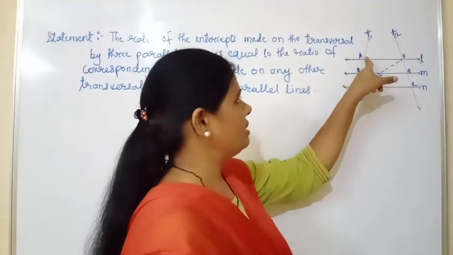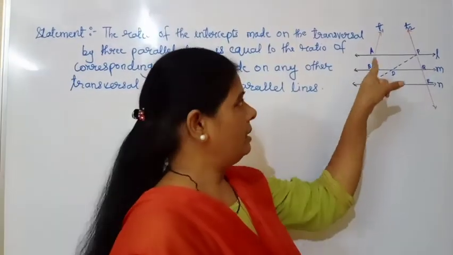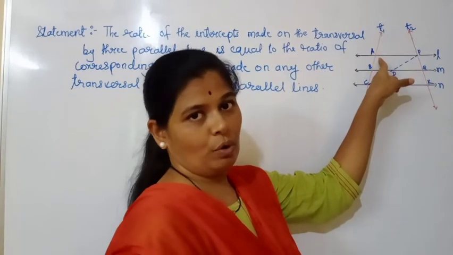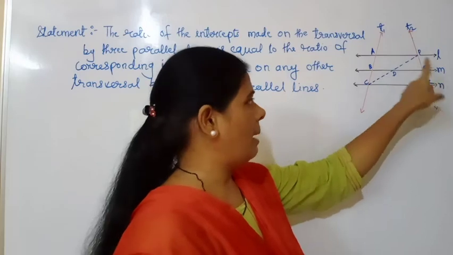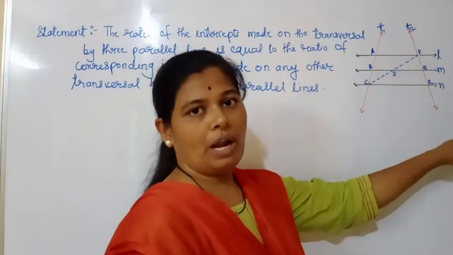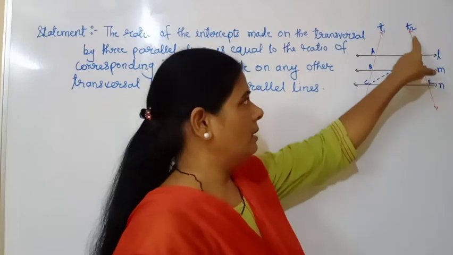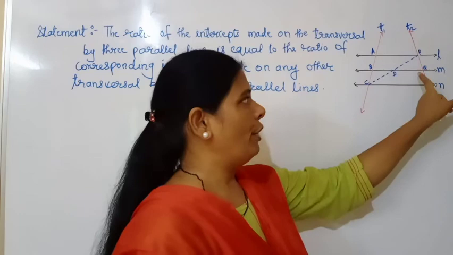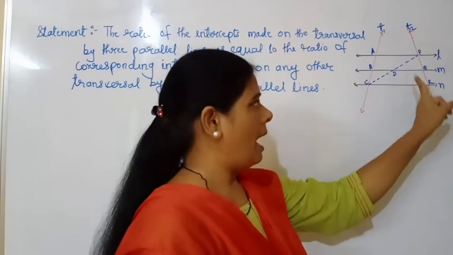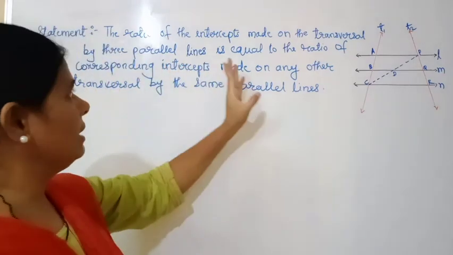The transversal T1 intercepts at point A on line L, at point B on line M, and at point C on line N. Similarly, when T2 is the transversal, it intercepts at point P on line L, point Q on line M, and point R on line N. So these are the intercepts.